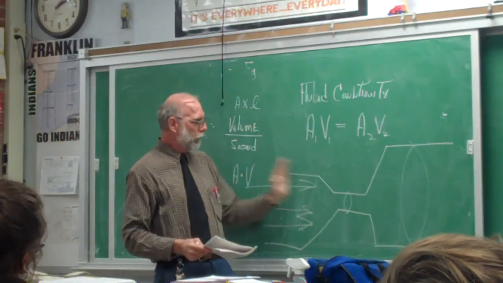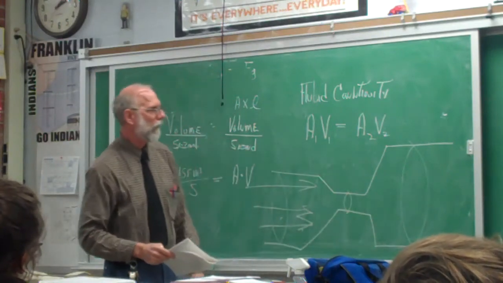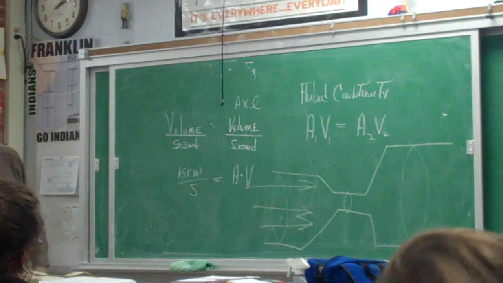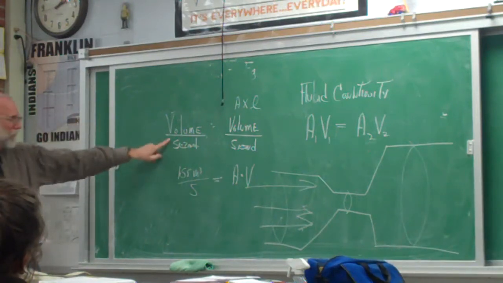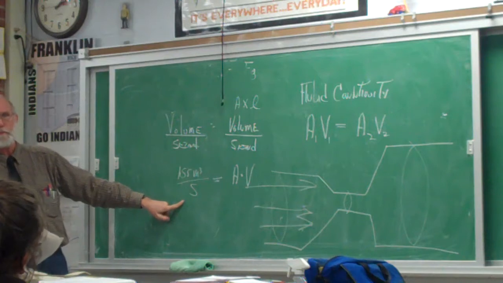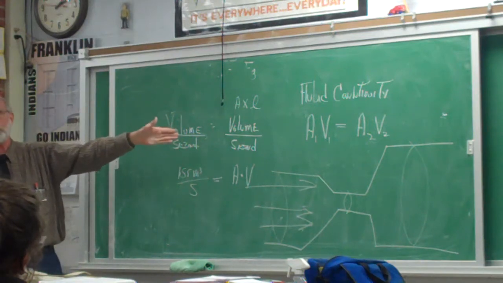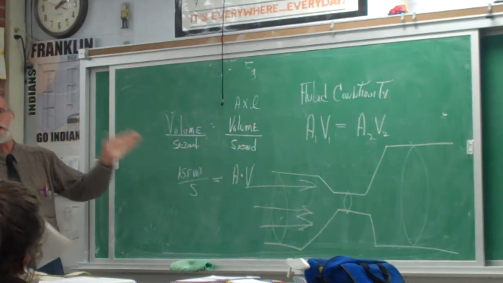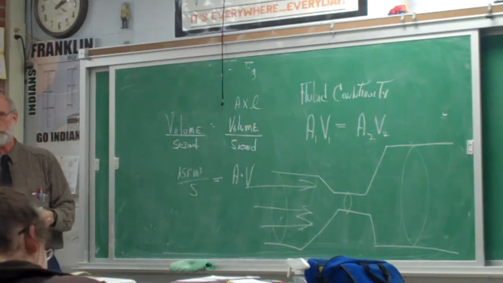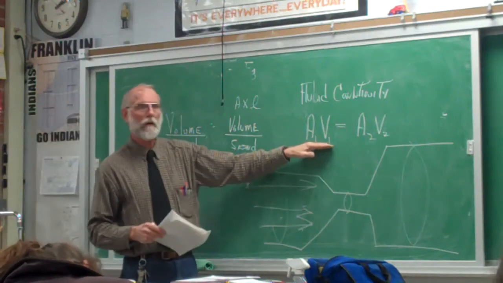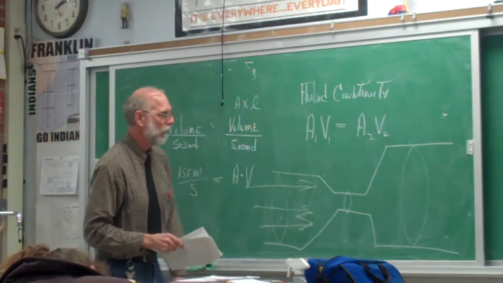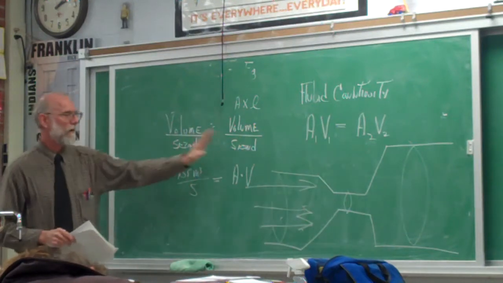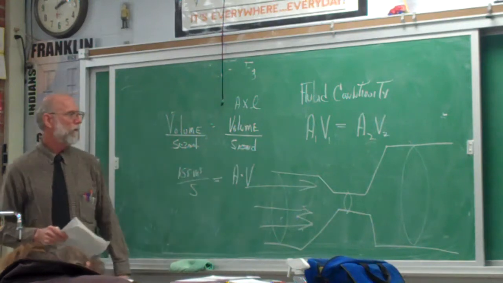So as you go through a pipe or a conduit that has various cross-sectional areas, your volume per second stays the same, but your velocities will increase and decrease such that the volume per second remains constant. So area 1 times velocity 1 is equal to area 2 times velocity 2, and so on. Or the volume per second in has to equal the volume per second out.